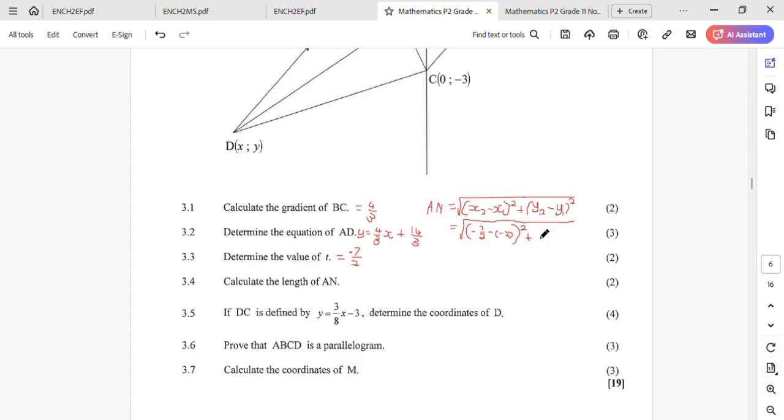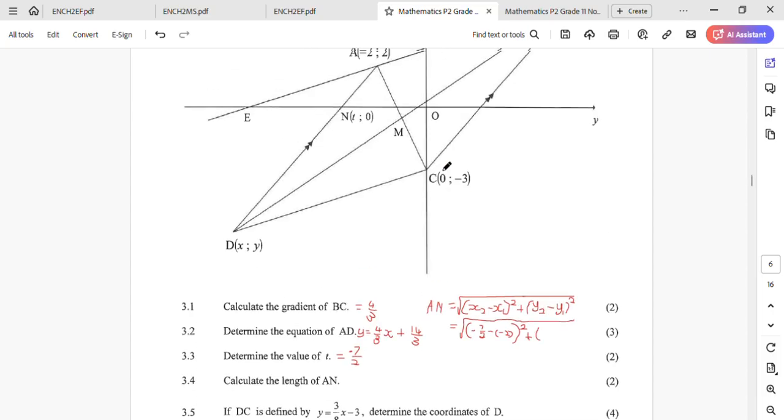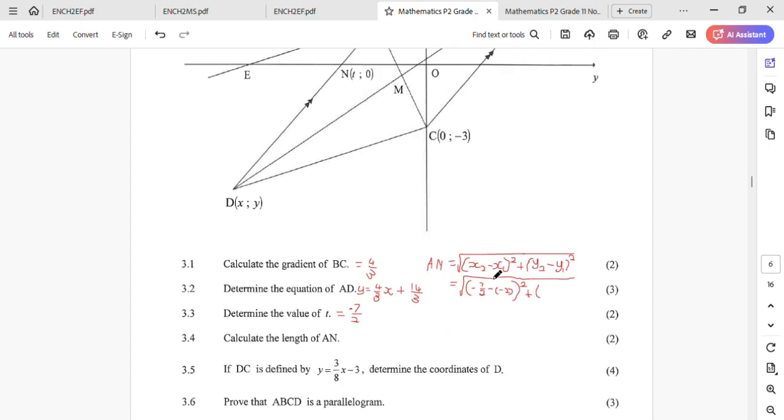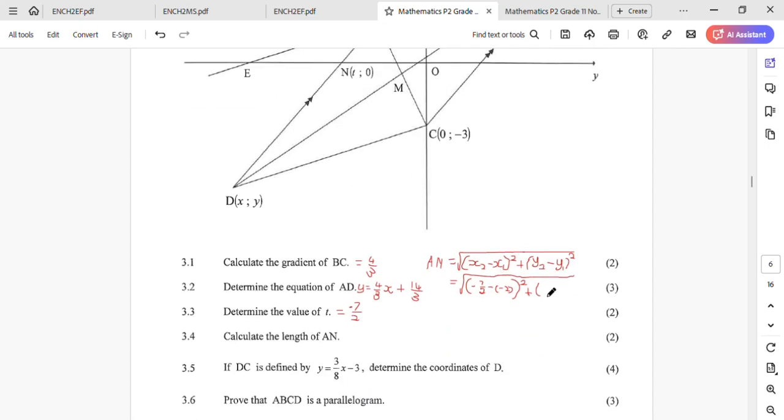Then our y2 is 0 minus 2. All of that is squared.